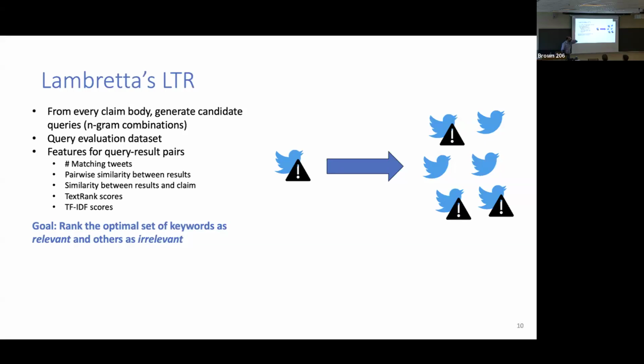There is more in the paper, which identify the quality of these results. Our goal is to identify the optimal set of keywords that are relevant compared to those that are irrelevant, okay?